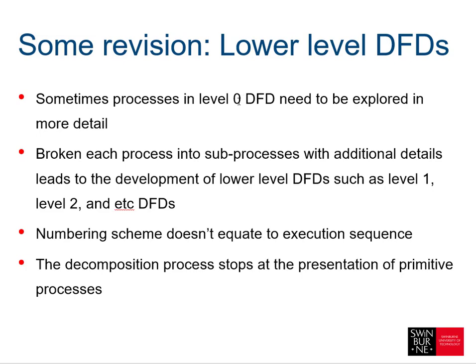As I mentioned earlier, some processes are a bit complicated, so we need to explore them in a little bit more detail. We need to break down these processes into sub processes to show the additional processing details. So we name them level 1, level 2, level 3, etc. Remember, this numbering scheme doesn't equate to the execution sequence.